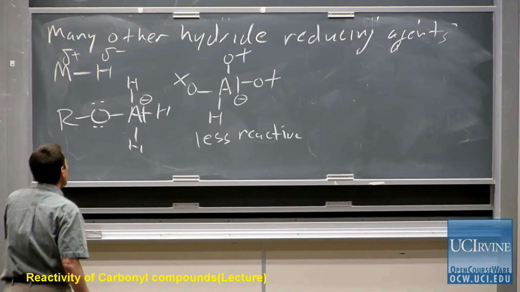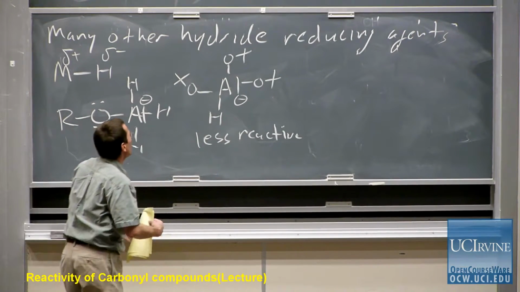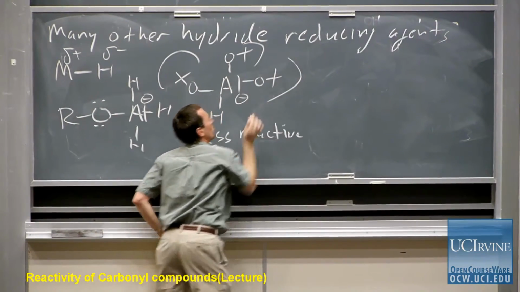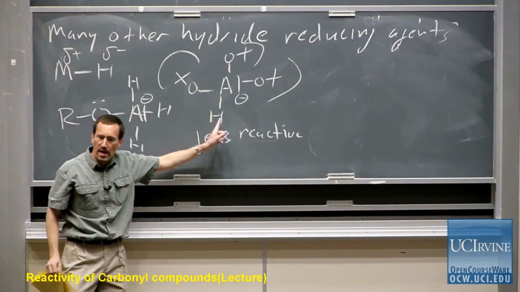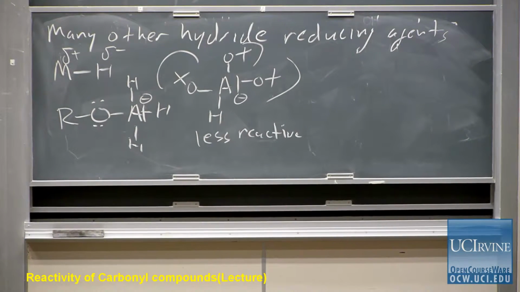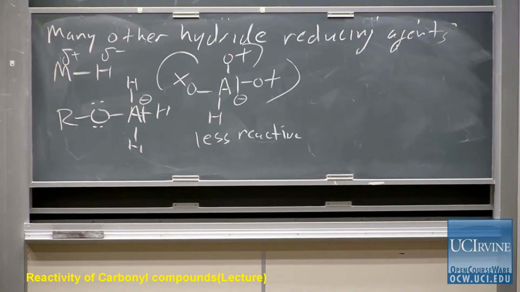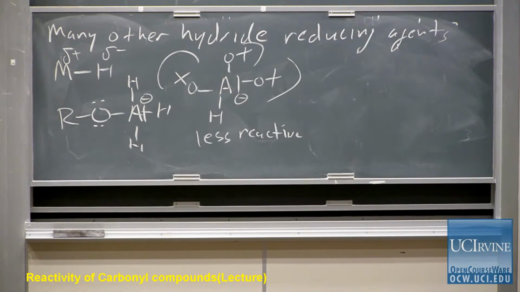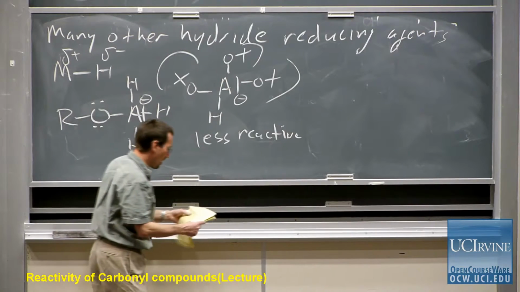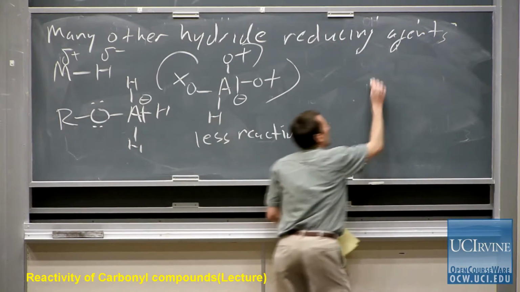Another reason is sterics. The tert-butyl group is very big, and so that big set of tert-butyl groups gets in the way. So only the very most reactive carbonyl compounds react with tri-tert-butoxy aluminum hydride reagents.